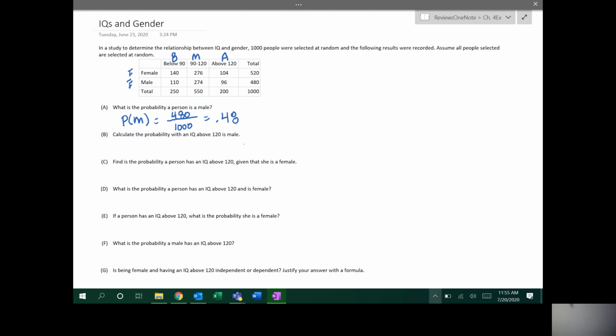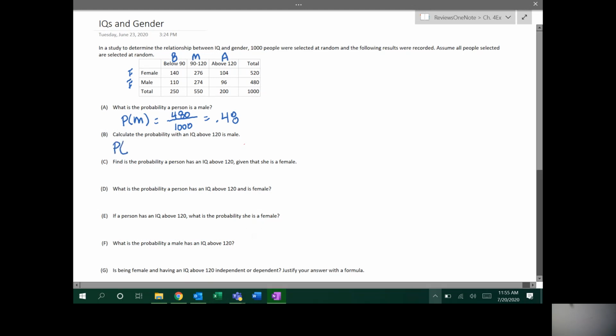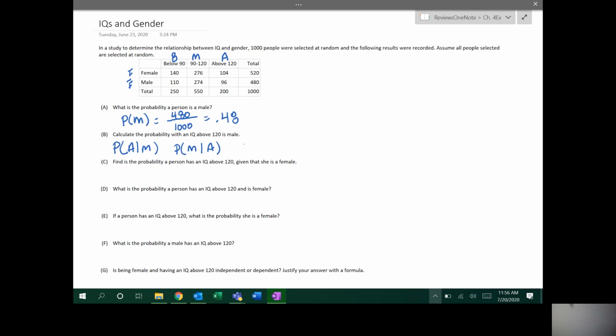Conditional questions sometimes use the word given, but not all the time. This one doesn't use the word given, but it doesn't have any of those other key words, so I know it must be given. So either we have the probability of above given male, or we have the probability of male given above. And the difference here is ands and ors, it doesn't matter what order you write them in. But with conditionals, it does.